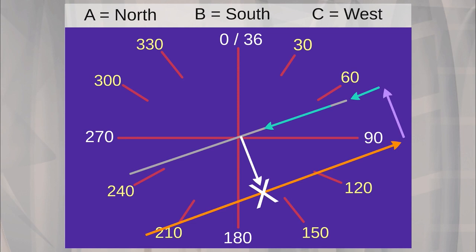It's definitely not north. It's definitely not west. So it is south. Now, they could have asked us, is it north, east, or west? And in that case, it would have been east. But in this case, it's north, south, or west. And you have to choose B, south.